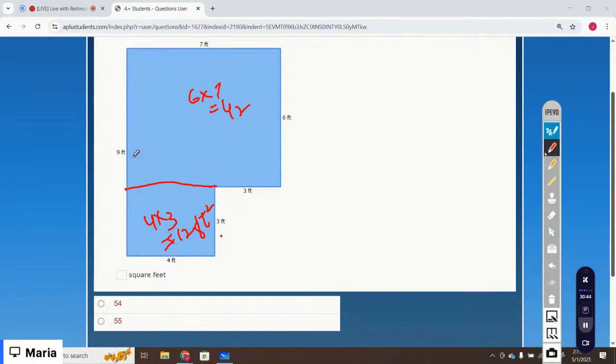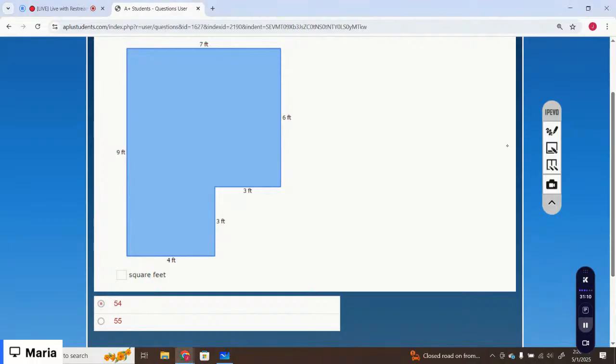So which is the correct option? 42 plus 12 equals 54. Option number 1 is the correct option, that is 54.